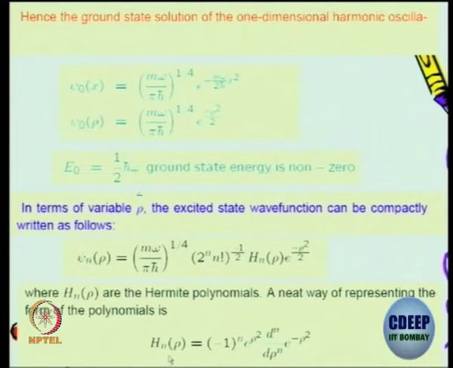If n is 1, the derivative will be d by d rho on e to the minus rho squared. That will give you a minus 2 rho, which becomes 2 rho, and so on. So, this Rodrigues formula is very compact, where you could directly derive all the polynomial powers for any n.